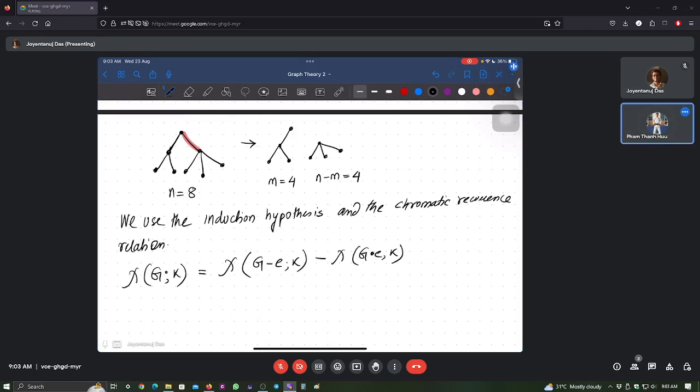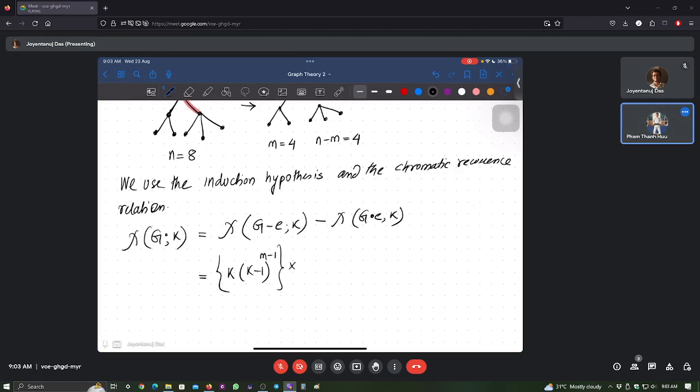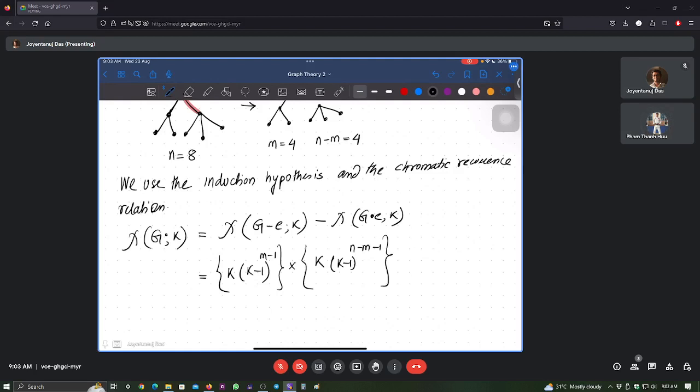So G minus e, when we delete, it has two trees, one with order m, so k into k minus 1 to the power m minus 1, that is for the first tree, times for the second tree I have n minus m order, so k into k minus 1 to the power n minus m minus 1, right, by induction.